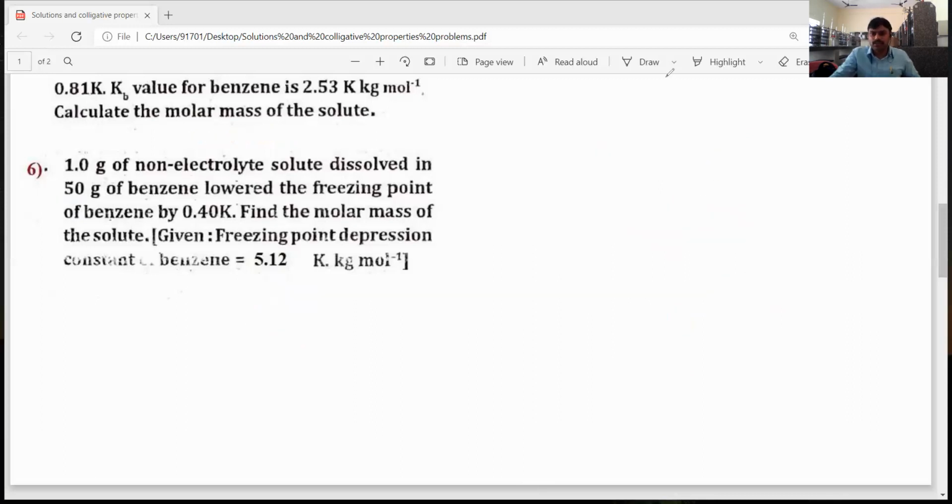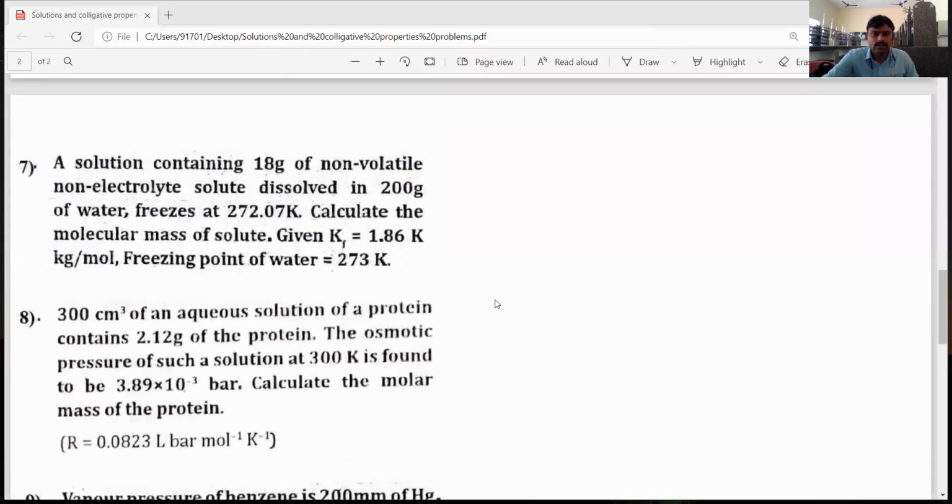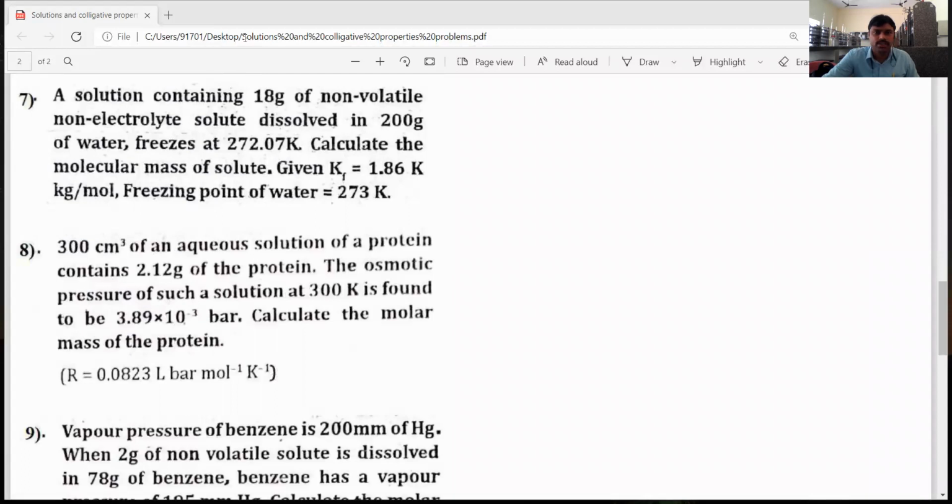Let's see the seventh question, dear students. The seventh question is also related to depression of freezing point. 18 grams of non-volatile and non-electrolyte solute is present in 200 grams of water. Here the solvent is water, and the water freezing point constant is 1.86. The solution freezing point temperature is 272.07 kelvins, and the water freezing point is 0 degrees centigrade, which is 273 Kelvin.